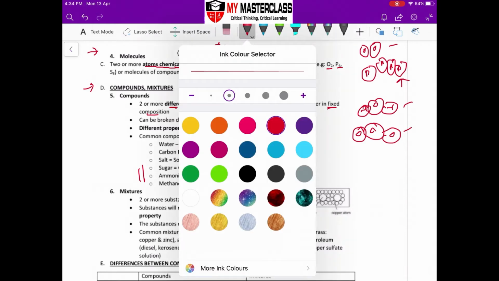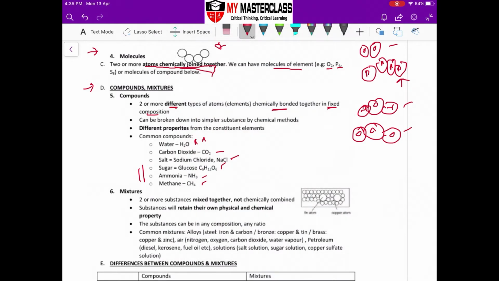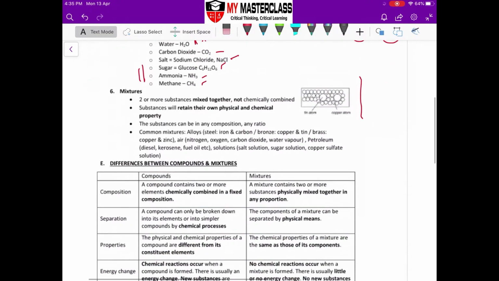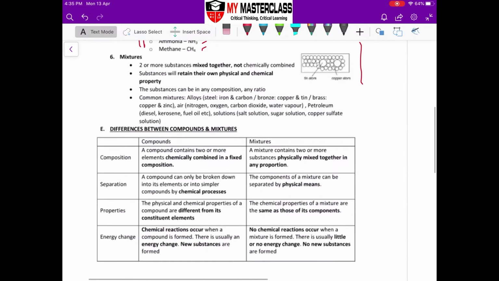Okay, next thing that we have what we call mixtures. Okay, we are looking at the mixtures over here. Two or more substances mixed together, not chemically combined.